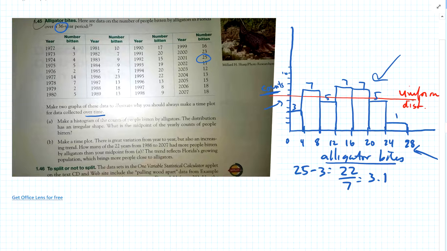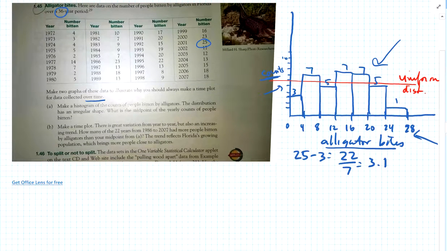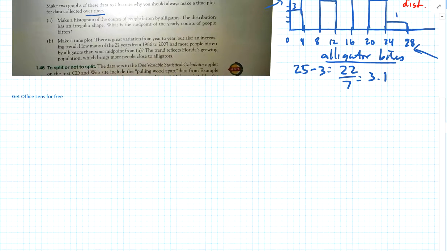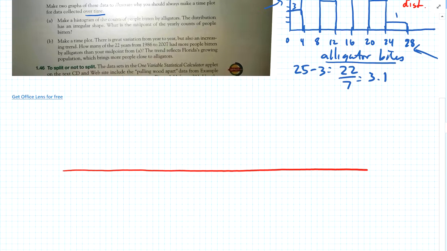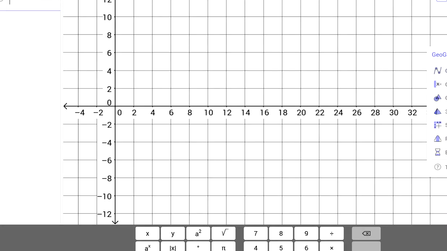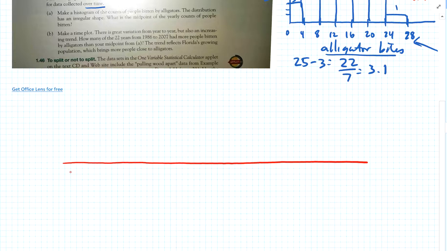Okay, B, make a time plot. So we want to go from 1972 to 2007. There's 36 pieces of data on here. So if I go across here, I'm going to go from '72 to '07. '72 will be this guy right here. 73, 74, 75, 76.